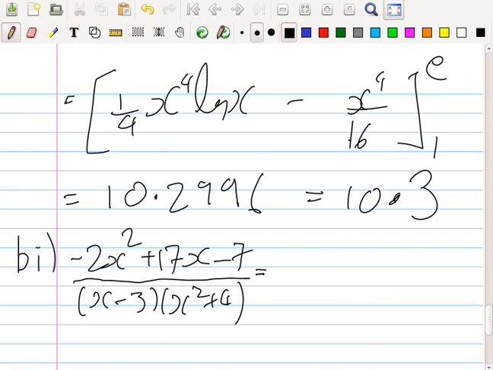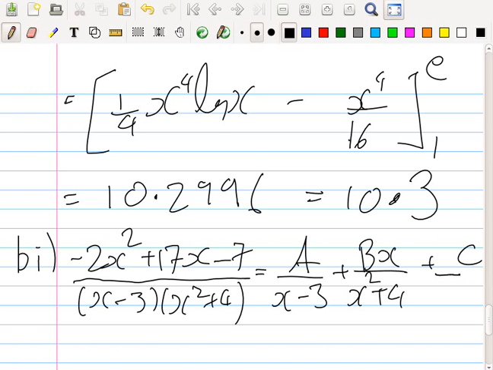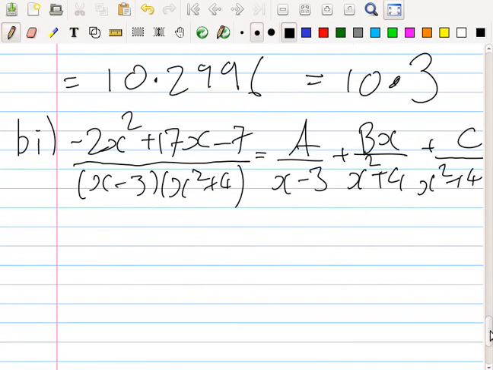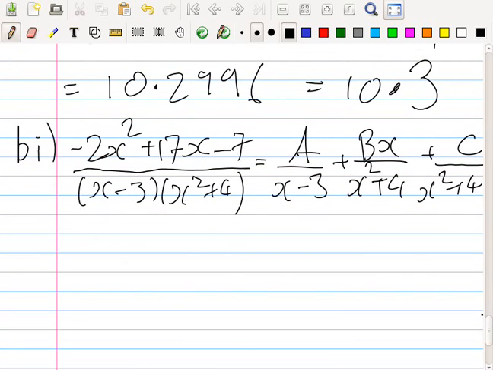He wants you to write that as a partial fraction: a over x minus 3 plus bx over x squared plus 4 plus c over x squared plus 4 also. You can't open up x squared plus 4. That's just how he wants you to write the answer. He gives this to you.